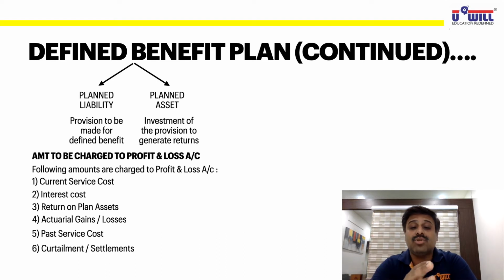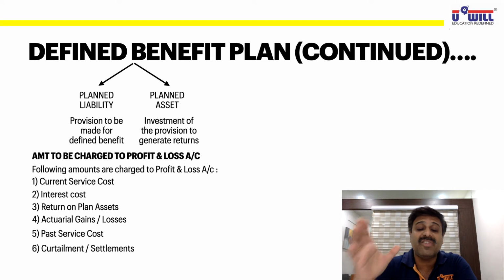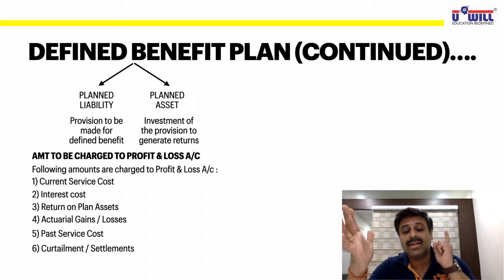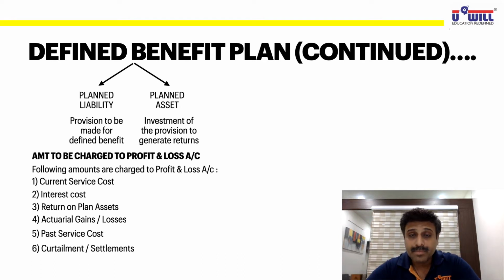It can be asked in MCQ. Remember this. In a defined benefit plan, six things are to be debited to the profit and loss account or recorded in the profit and loss account. Which six things? Current service cost, interest cost, return on plan assets, actuarial gains or losses, past service cost, and curtailment or settlement.